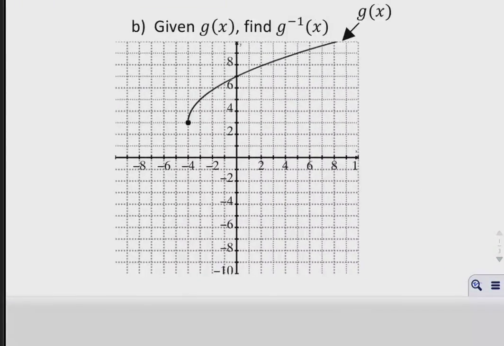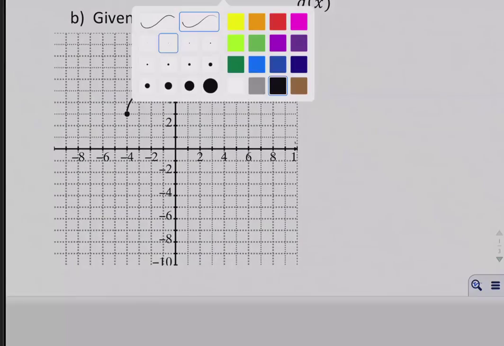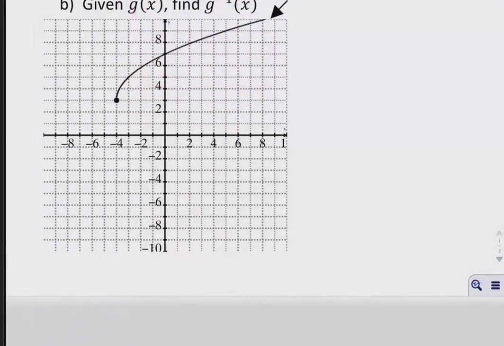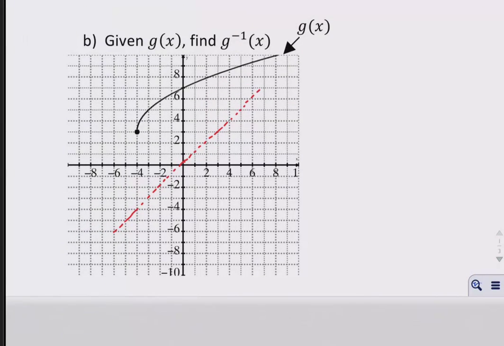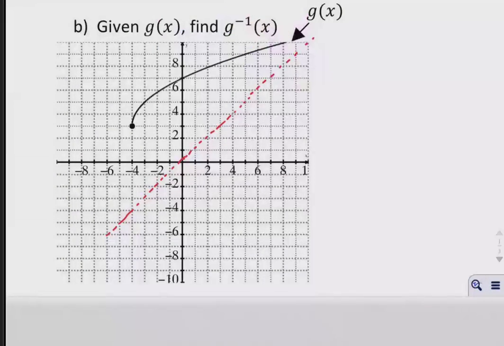Looking at the next one. Again, I'm going to draw in my line, the 45-degree angle. And let me look at my key points here. I notice I have -4, 3, so that becomes 3, -4.